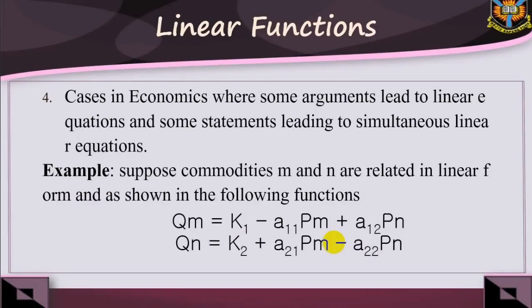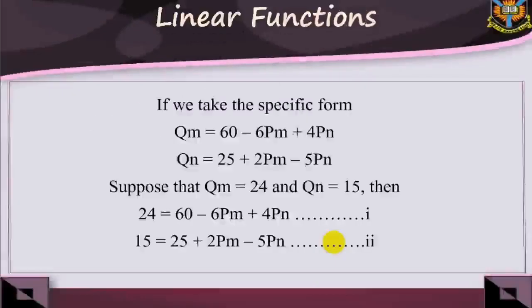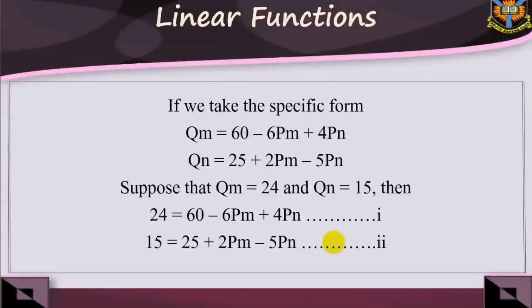Qm equals K1 minus A11PM plus A12PN, and Qn equals K2 plus A21PM minus A22PN. If we take the specific form, Qm equals 60 minus 6PM plus 4PN, Qn equals 25 plus 2PM minus 5PN.